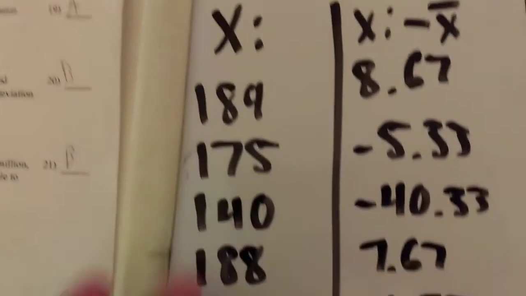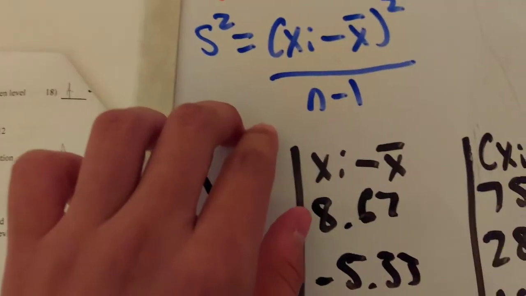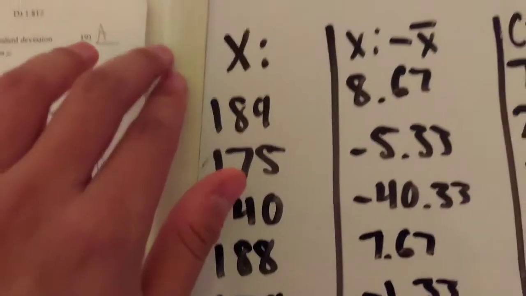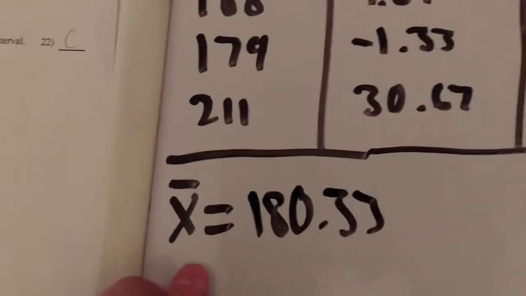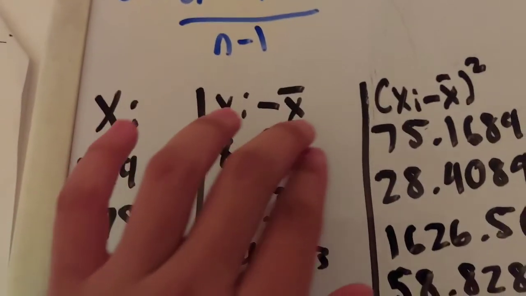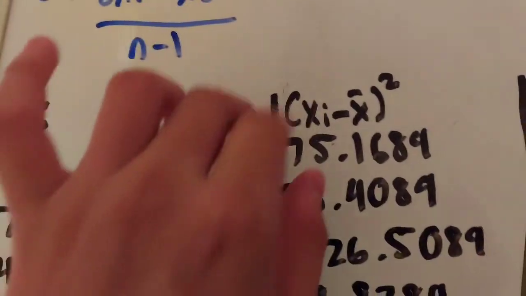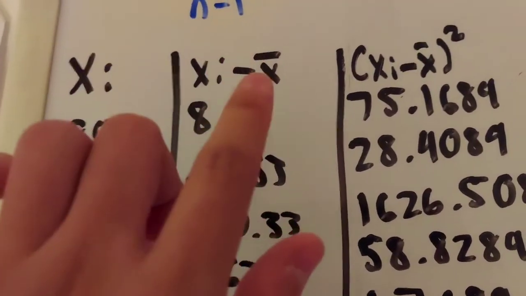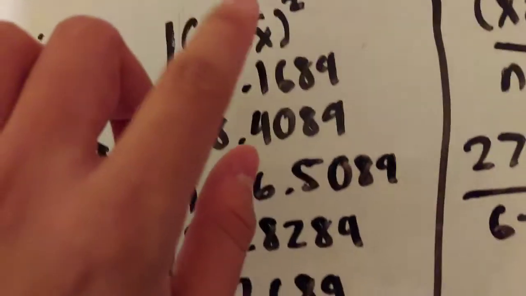We just did the first group right here, xi. Now the second group is xi minus the sample mean, 180.33, all individually, of course, and it's going to give us this group of numbers. Next, we're going to square our answers of xi minus the sample mean, and it's going to give us this group of numbers.